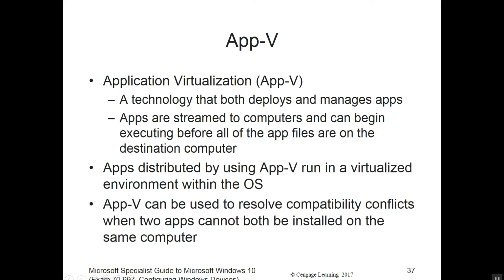And we've got App-V, Application Virtualization. It's a technology that both deploys and manages applications. Apps are streamed to computers and can begin executing before all of the app files are on the destination computer. The apps distributed by using App-V run in a virtualized environment within the OS.